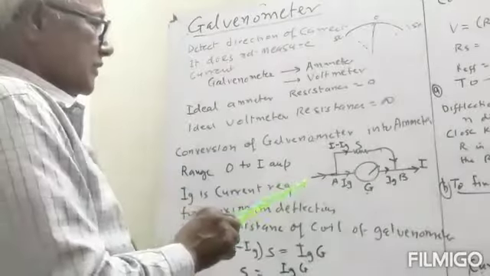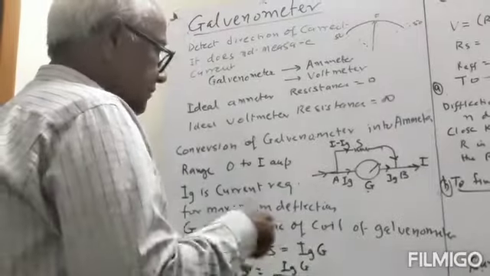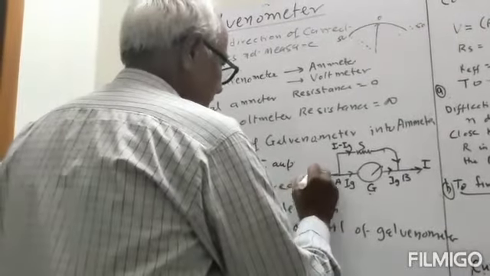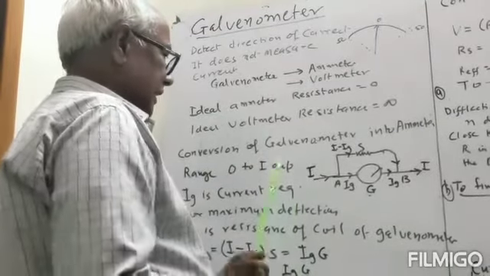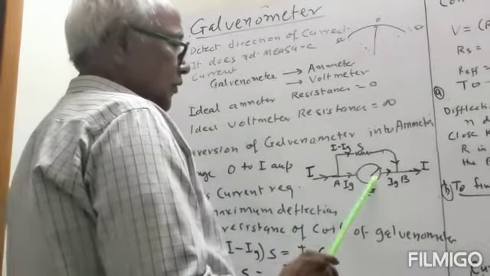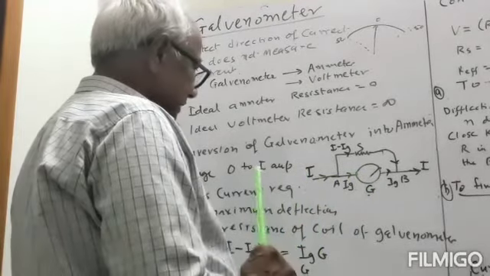Now suppose this is the circuit and current I is passing through it. So we want to measure the current I. When current I is there, there is the range.